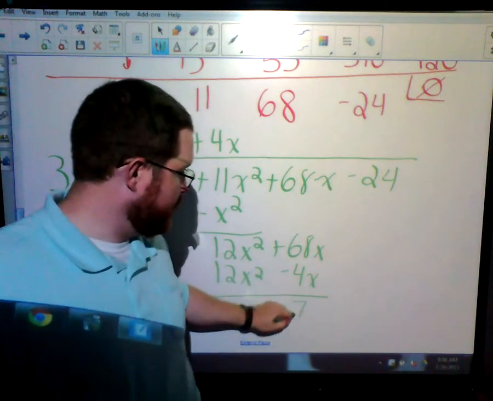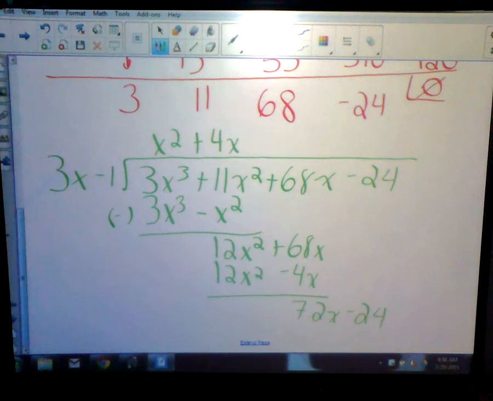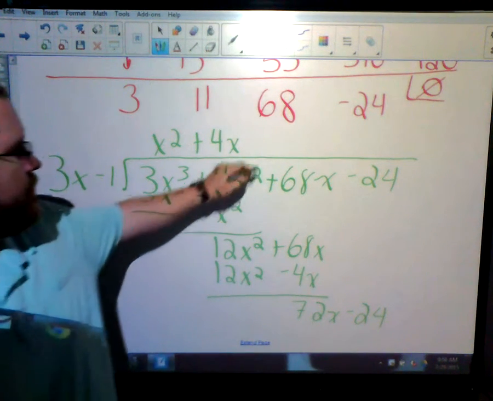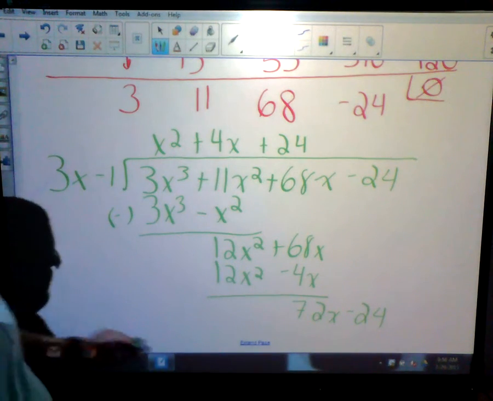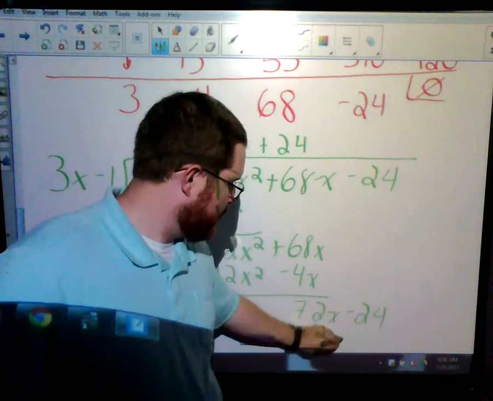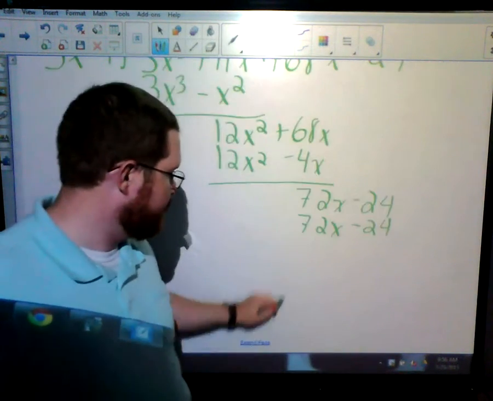That's 72x minus 24. How many times will 3 go into 72? That's 24. 24 times 3 is 72x minus 24. And look, it works out evenly.